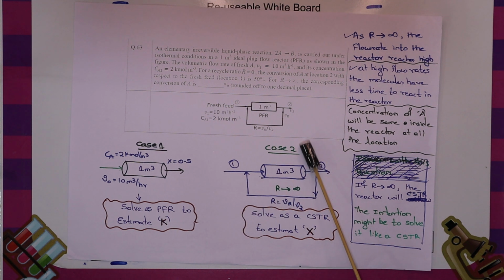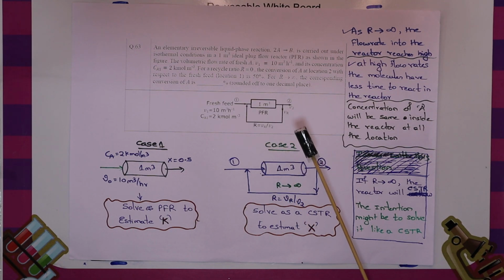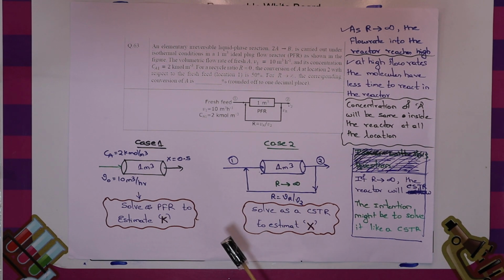In a CSTR, if you remember, the concentration in the entire tank is the same. That is the same thing happening as the recycle ratio tends to infinite. That means for case 2, you have to solve this like a CSTR to estimate the conversion. As r tends to infinite, the flow rate into the reactor becomes high.